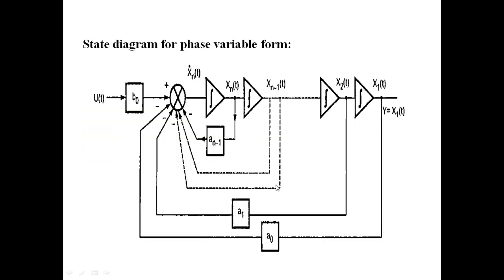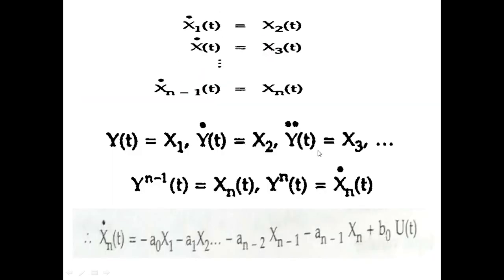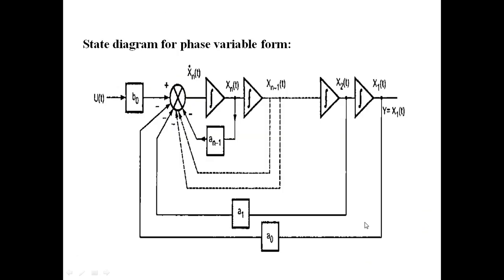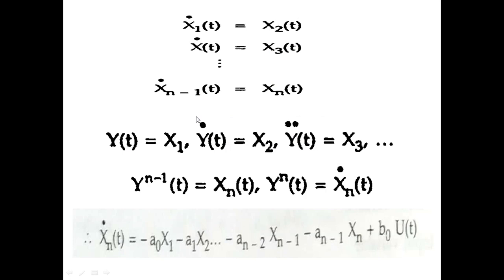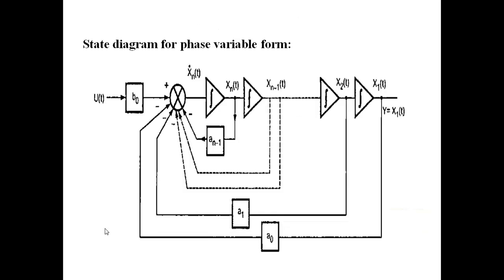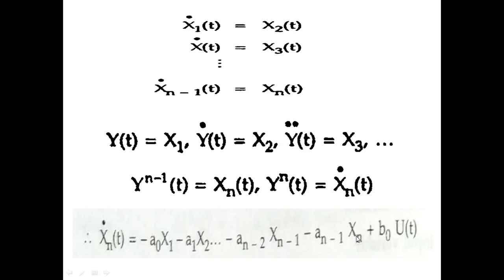So b naught into u of t, there must be an adder present here because we have a plus here. Next, the output of this is what we are expecting here, that is xn dash of t. xn dash of t means we should have an integrator next. The output of the integrator must be xn of t, and it should be multiplied with an minus 1. See here, an minus 1, and we are indicating a minus here.